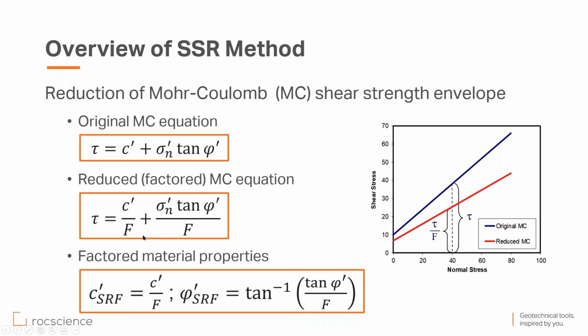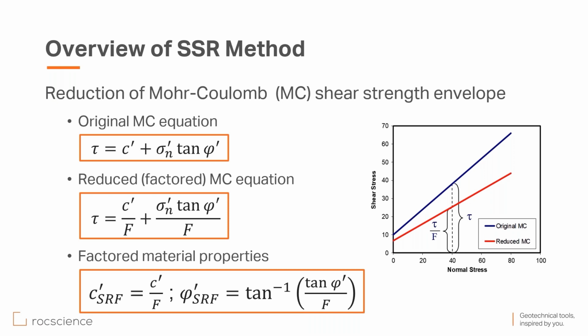If you are looking at the properties of the material that are being factored in this case, it's simply that the factored cohesion is going to be the original divided by the factor of safety, and the tangent of the factored friction angle is going to be equal to the tangent of the original friction angle divided by the factor. When we are looking at this equation, some people might actually refer to it as the C-phi method, but this is not the C-phi method. We are actually applying shear strength reduction.